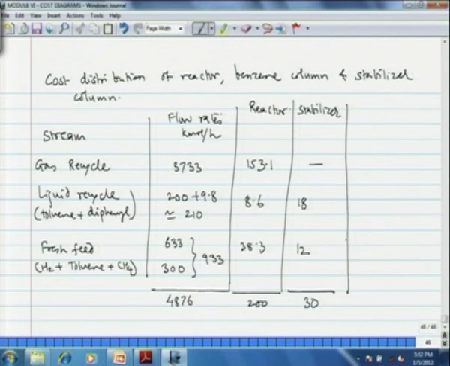Then benzene column, the total cost was $181,000 distributed as 109 and $72,000 in proportion to liquid recycle and fresh feed. Now, having done this, we can now prepare the cost allocation diagram.